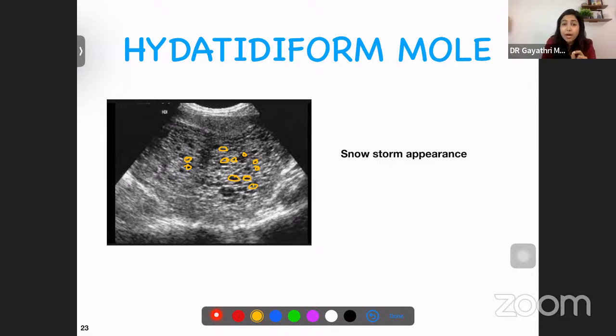Whereas in a partial mole, there might be some fetal tissues as well. If you see any form of fetal tissue, such as fetal RBCs, fetal decidua, fetal parts, anything like that, you will think about partial mole. Whereas snowstorm appearance is usually associated with complete mole.